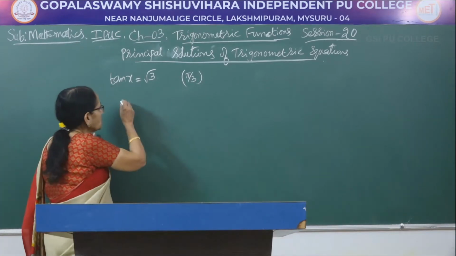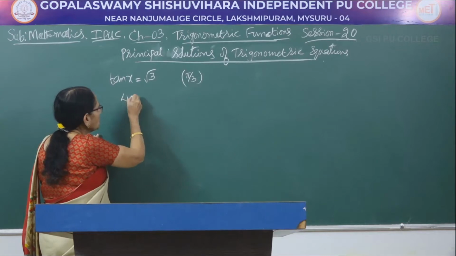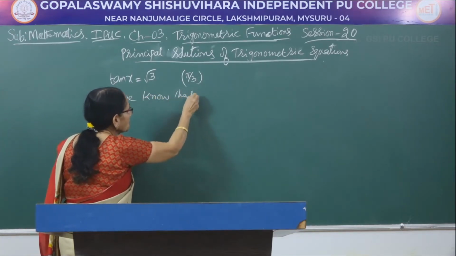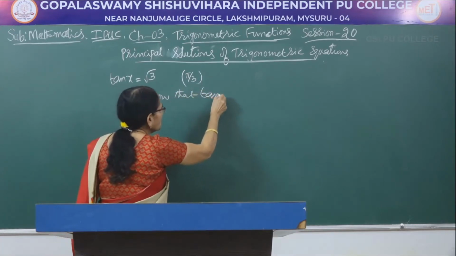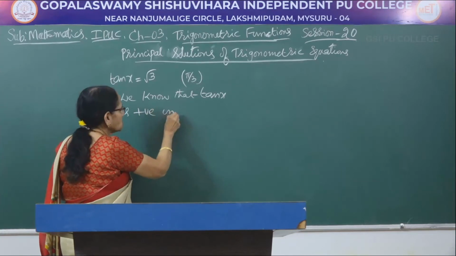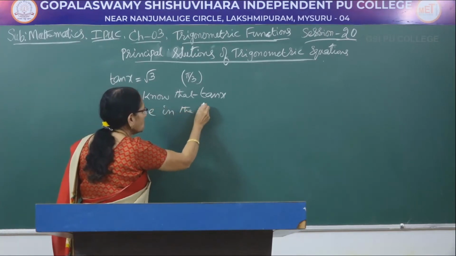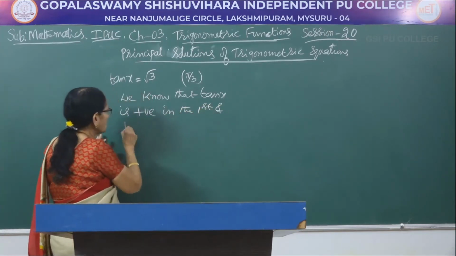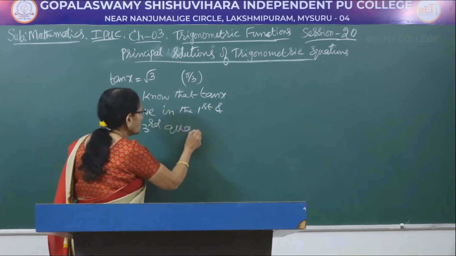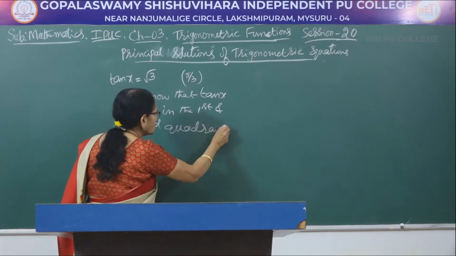So first we write it. We know that tan x is positive in the first and the third quadrants.